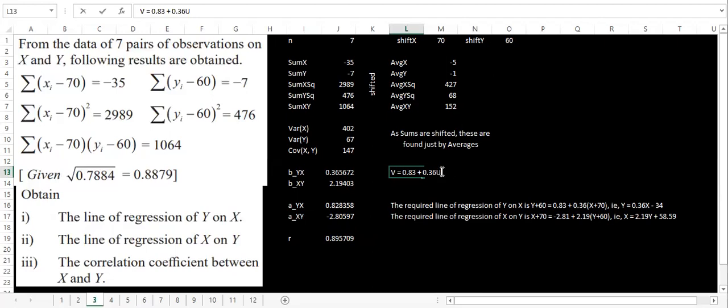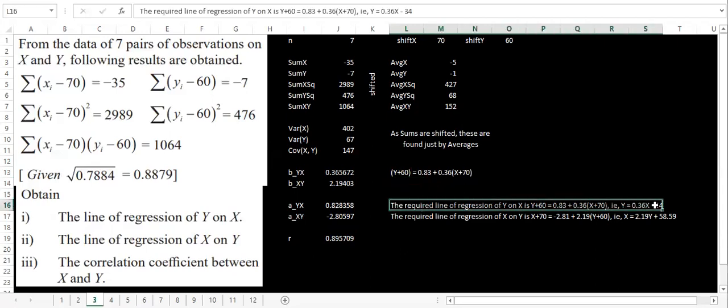So u is nothing but the shifted value. So if I were to have the original values, I would put an x plus 70 here. And similarly, instead of a v, I would put a y plus the shift in y, that is 60. This is the actual regression equation, and that's what we have here.